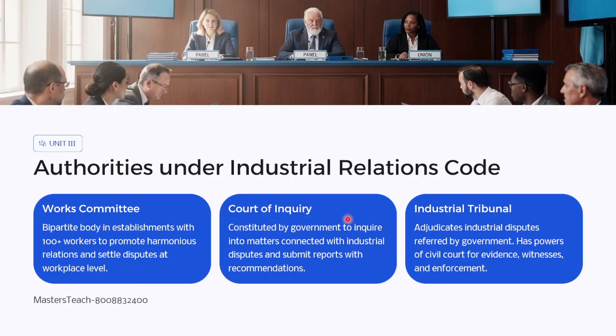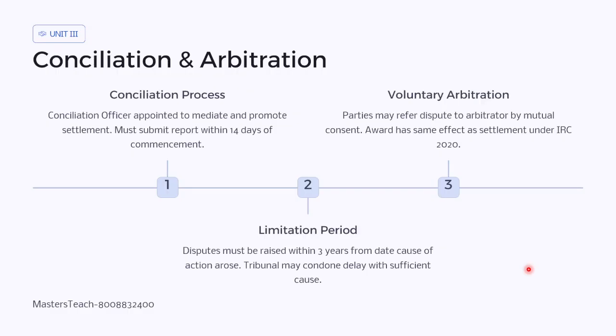Then court of inquiry: constituted by the government to inquire into matters connected with industrial disputes and submit a report with recommendations. Then industrial tribunal: adjudicates industrial disputes referred by the government and has the power of a civil court for evidence, witnesses and enforcement.